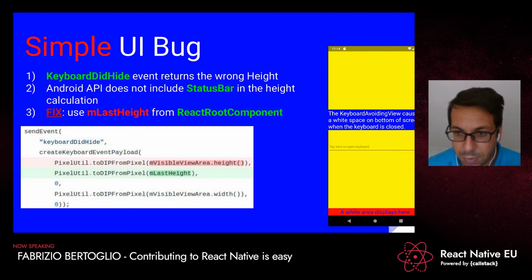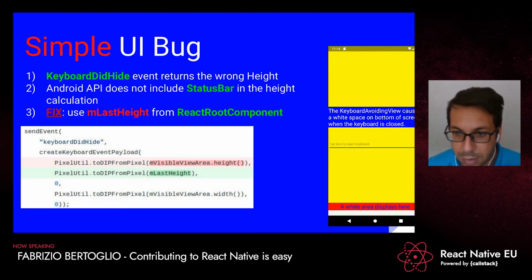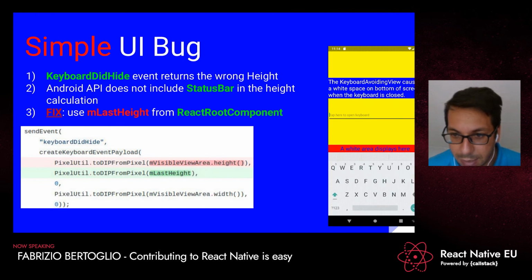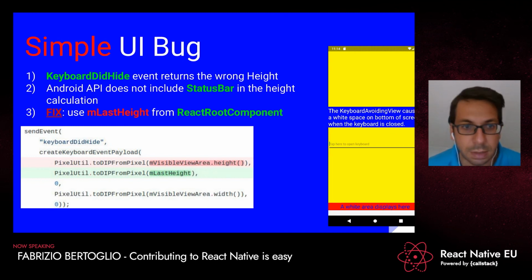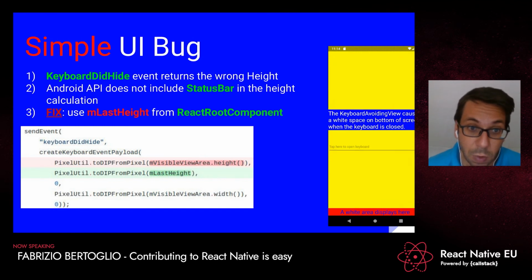When the keyboard hides, it will show a white area at the bottom, and the reason for this is the view height.